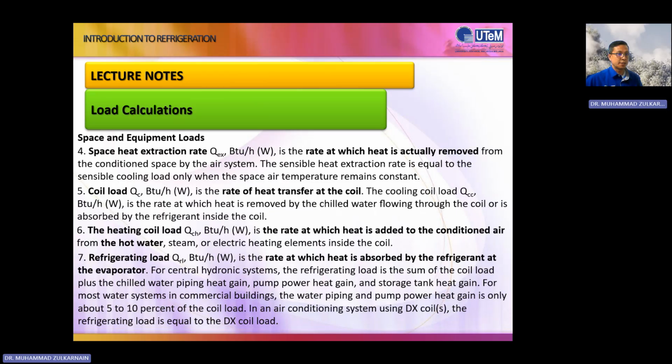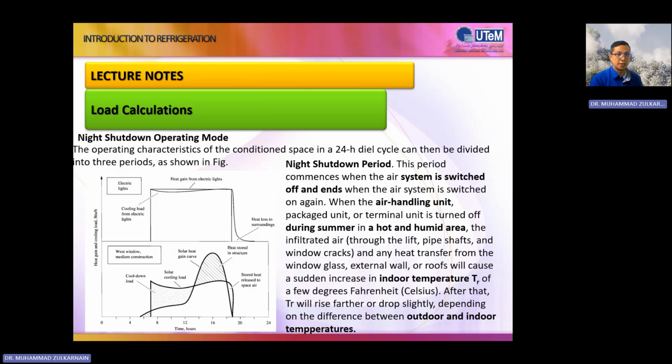These parameters we can plot in psychrometric charts. Maybe later on I would like to explain more about these parameters in the psychrometric chart. But before that, I would like to explain about the condition of cooling load.